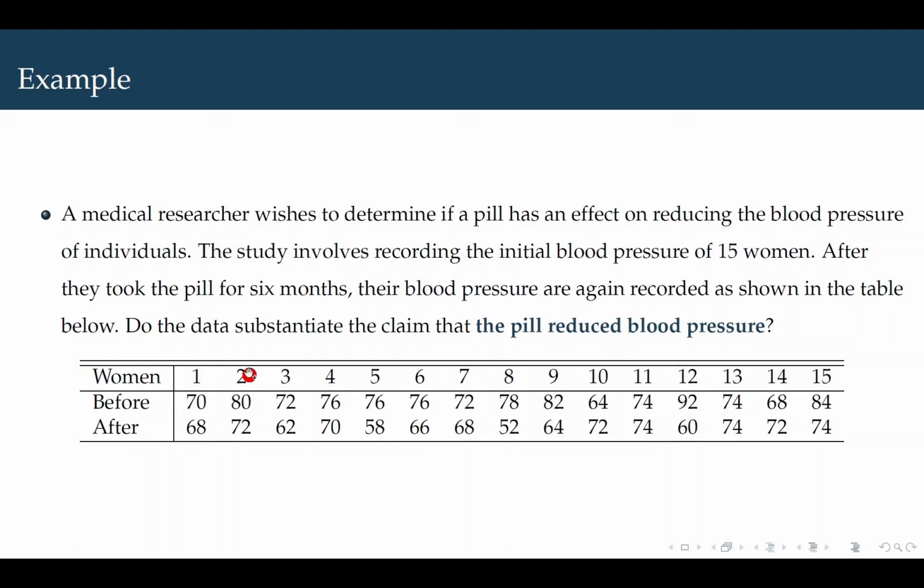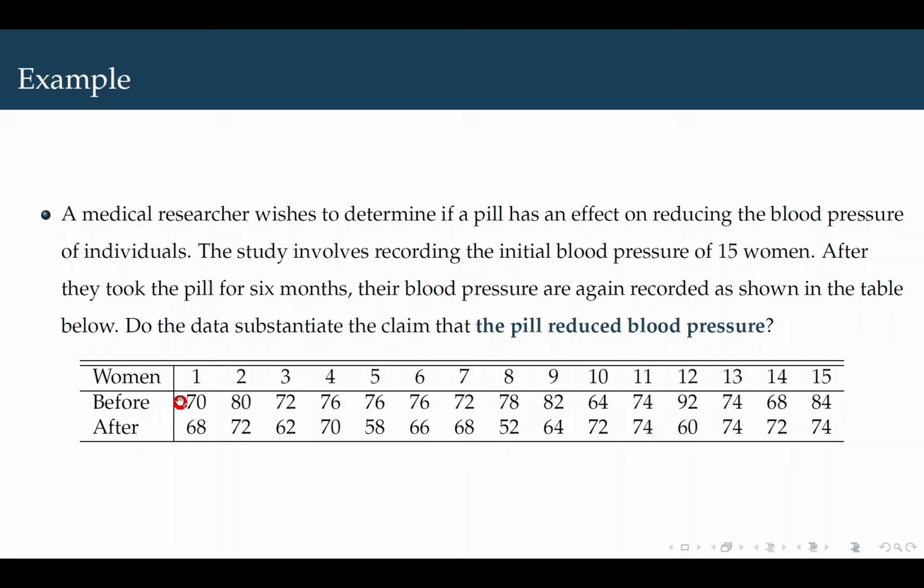Similarly, for the second woman, the blood pressure before taking the pill is 80, and after taking the pill is 70. This 80 and 70 come from the second woman. Therefore, this is again a paired sample. And the same is true for 3, 4 up to woman 15. So the interest is to determine whether the pill has an effect in reducing the blood pressure of women.